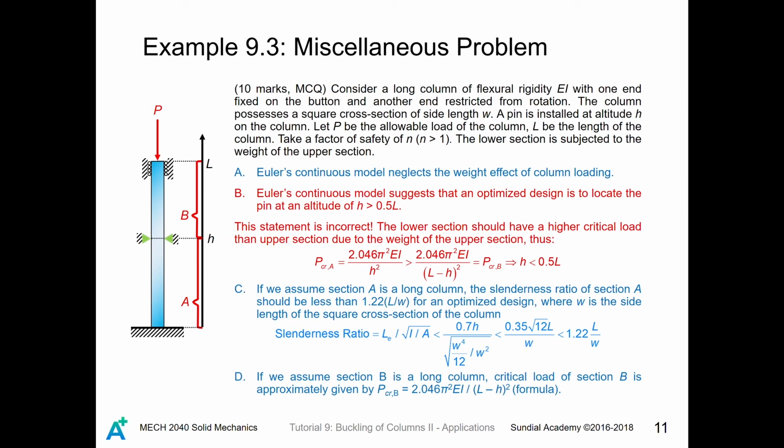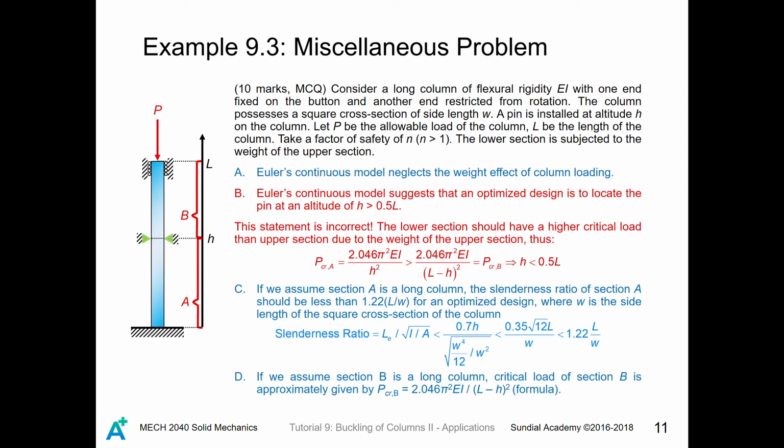C, if we assume section A here, the lower section, is a long column, then the slenderness ratio should be less than this for an optimized design, where W is the side length of the square cross-section of the column. In our option B, here is the explanation.